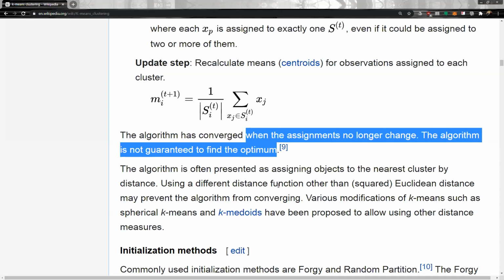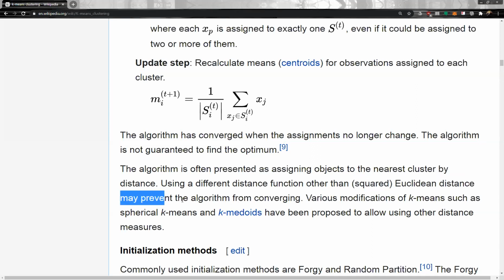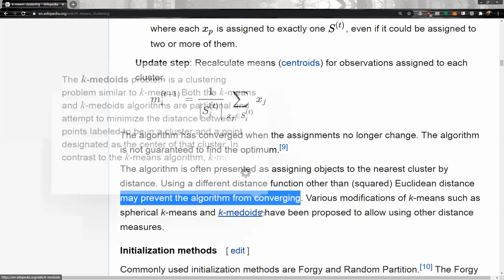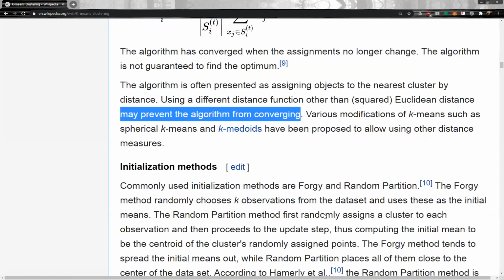Using a distance function other than squared Euclidean distance may prevent the algorithm from converging, which means squared Euclidean distance always converges. Various modifications of k-means, such as spherical k-means and k-medoids, which is like a median measure, have been proposed to allow other distance measures.